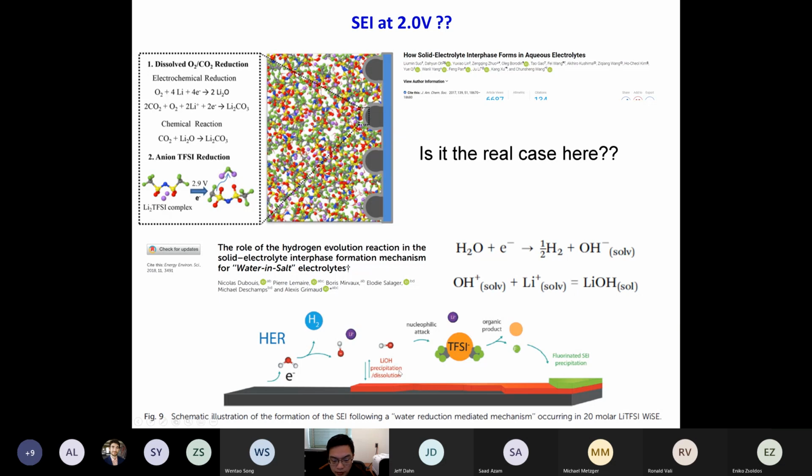So the lithium hydroxide will deposit on the anode surface, and the hydroxide group will attack the lithium triflate anions, making them release more fluoride, forming lithium fluoride that deposits on the surface again. In this way, you get a very good dense SEI passivation layer on the anode surface. So that's why we're getting a very good window extension on the anode side.